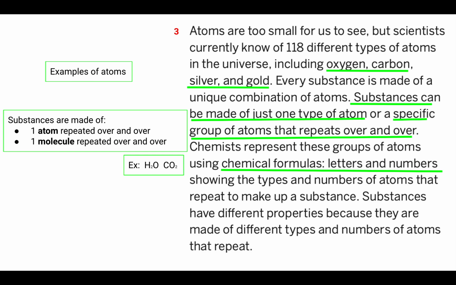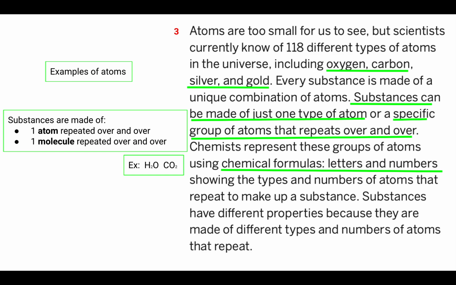And then the numbers tell us how many of each of those atoms that this molecule has. So dihydrogen oxide means that I've got two hydrogens and one oxygen. That's water. And then carbon dioxide is one carbon and two oxygens. So that little small number 2 is telling me how many of those individual atoms I have in a molecule.